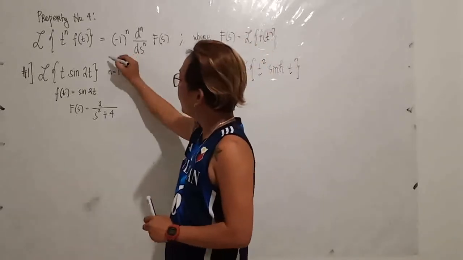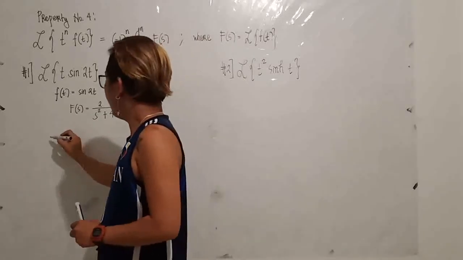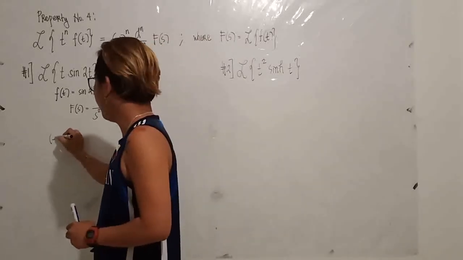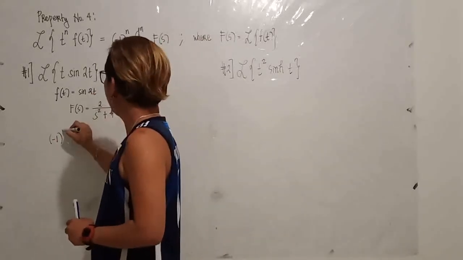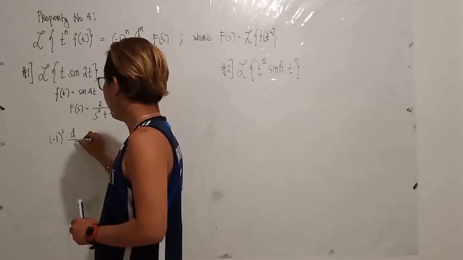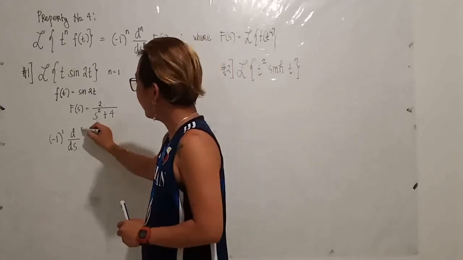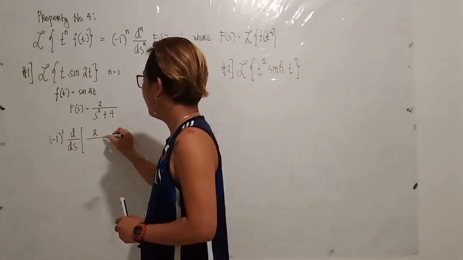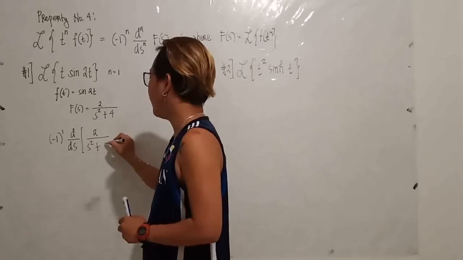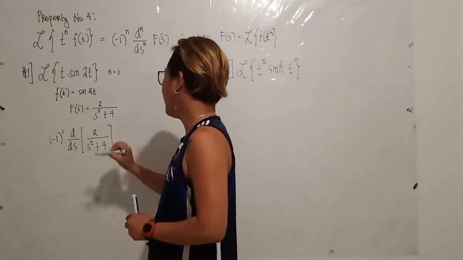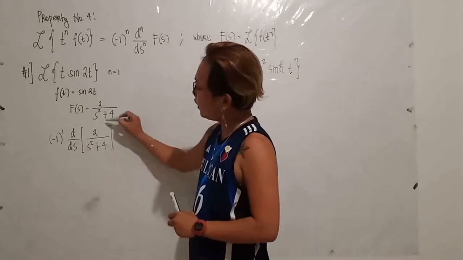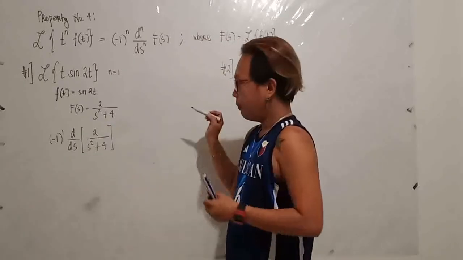Then, following your formula, you will now have -1 raised to 1, then the first derivative of F of s, wherein your F of s is 2 over s squared plus 4. Now, you have to take the first derivative of this equation.